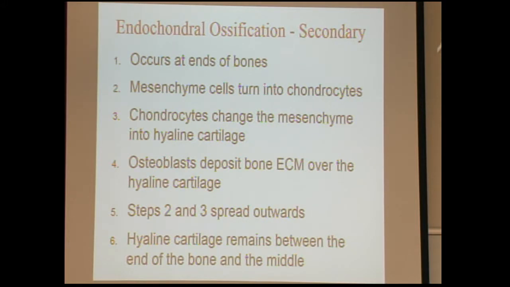Is there something that relates the name to it, as in endochondral, inside chondrocytes or something? How does that relate to what the process is? Well, the chondral part tells you that it's chondrocytes, and chondrocytes make cartilage. Like intramembranous, I am not sure why they called it that.